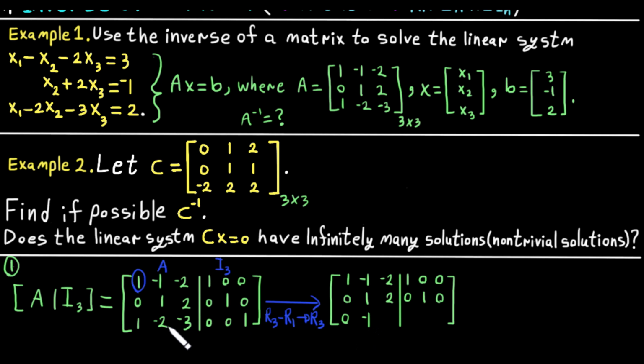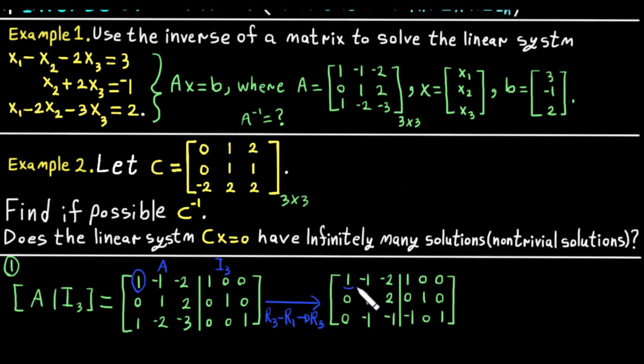Negative 3 minus negative 2: negative with negative is positive 2, so negative 3 plus 2 equals negative 1. So here I will write negative 1. Zero minus 1 is minus 1. 0 minus 0 is 0. 1 minus 0 is 1.